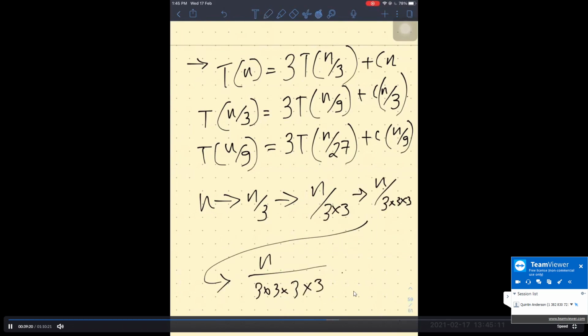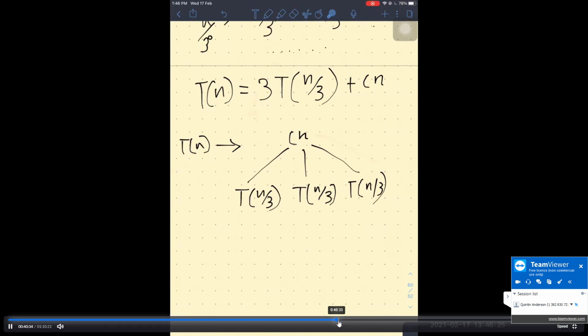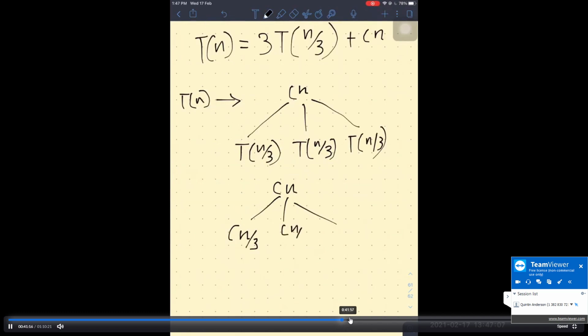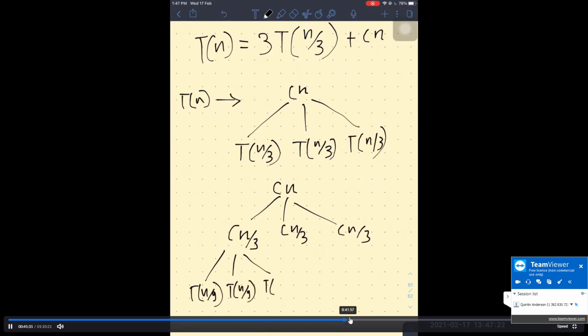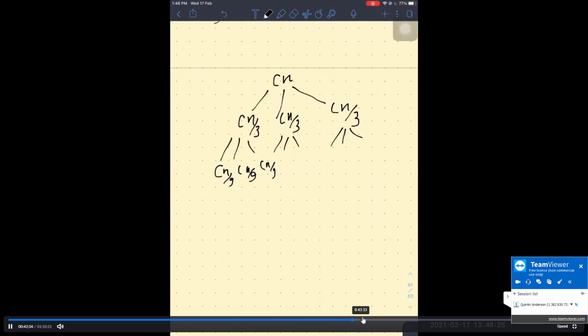So we can generalize it: after n we get 3 branches, c of n divided by 3, c of n divided by 3, c of n divided by 3, and each one of them will have 3 sub-branches with T of n divided by 9, T of n divided by 9, T of n divided by 9, like that. So at the first level we have c of n, then this in this way.